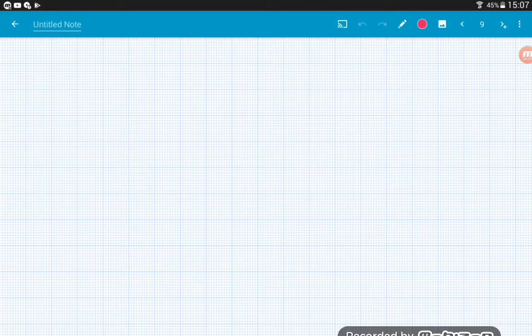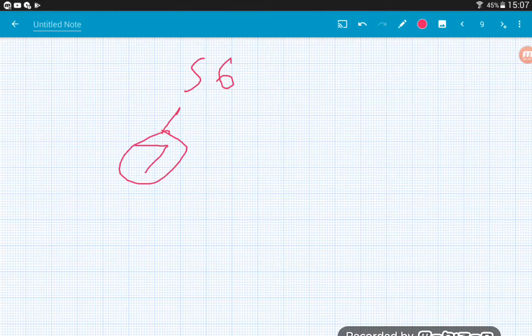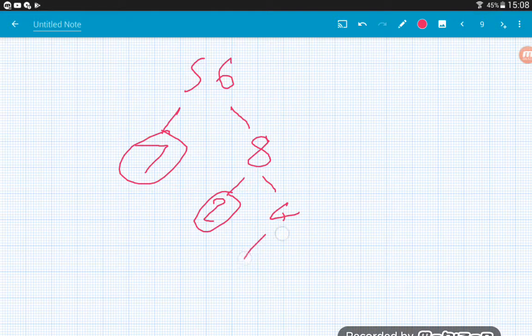Okay, let's do a couple more. Let's go for 56. Okay, well 56 is a multiple of 7 and 8. So let's take out a 7, which is prime, and an 8, which is not. So 8 we could write as 2 times 4, and then 4 finally is 2 times 2.